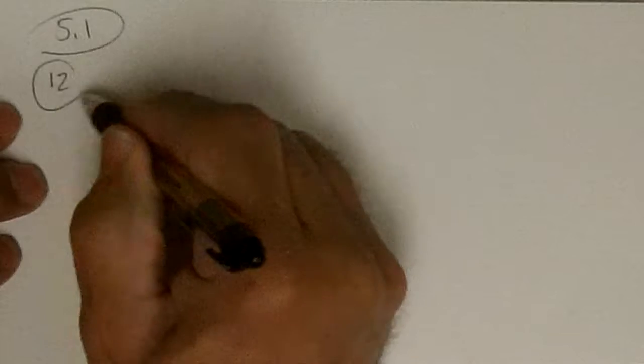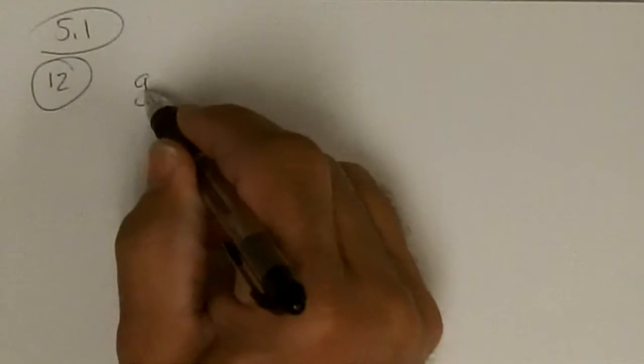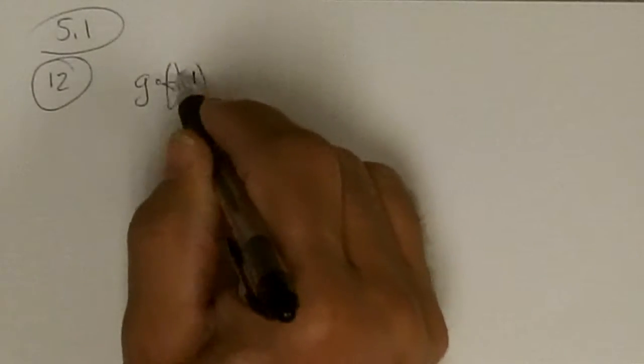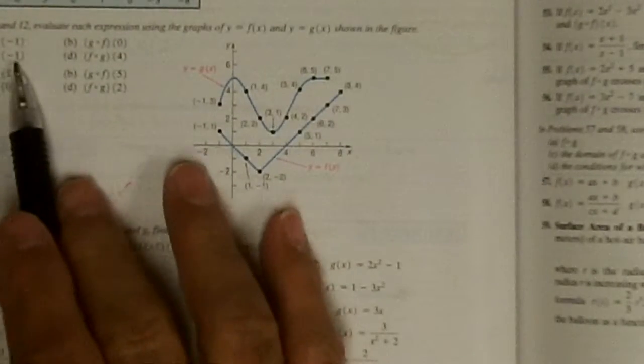All right, we're going to do section 5.1. First question was on number 12, and 12A was g of f of 1. So you have to put this graph over here. It says g of f, so I got to put 1 into f first.